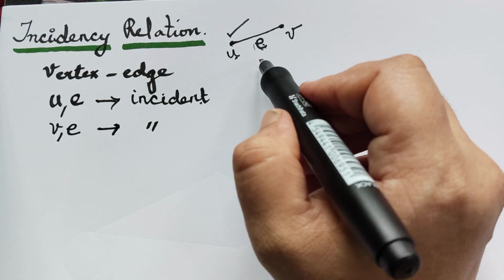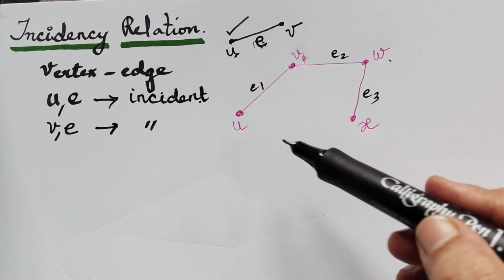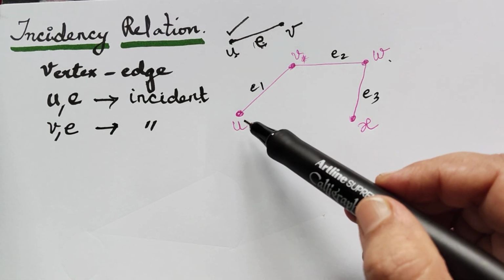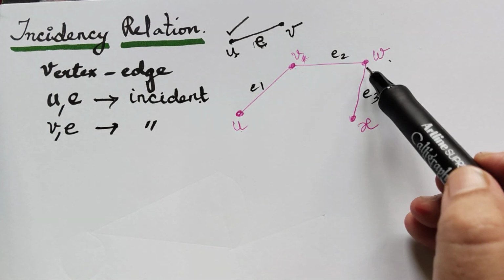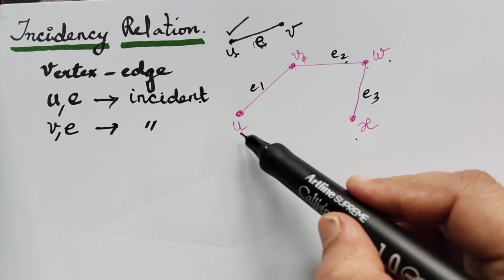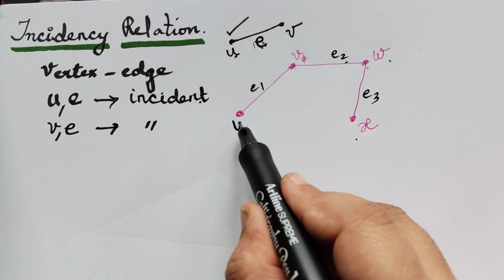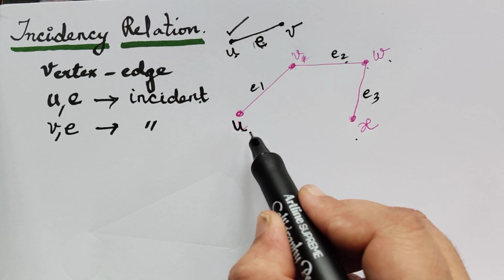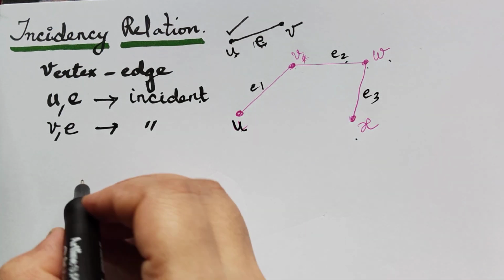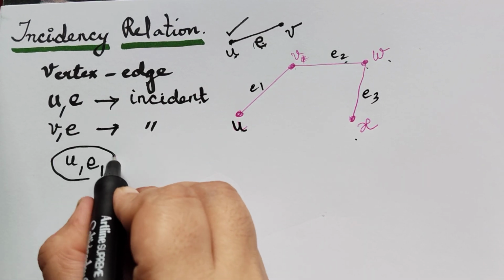I will explain this with one more example. So let me consider this very simple example which we saw in our previous case. Now here I am having vertices u, v, w, x and edges e1, e2, e3. Now can you tell me the incidence relation in this matrix? Now this vertex u is incident with which edge? Only one edge. So u and e1 are incident to one another.